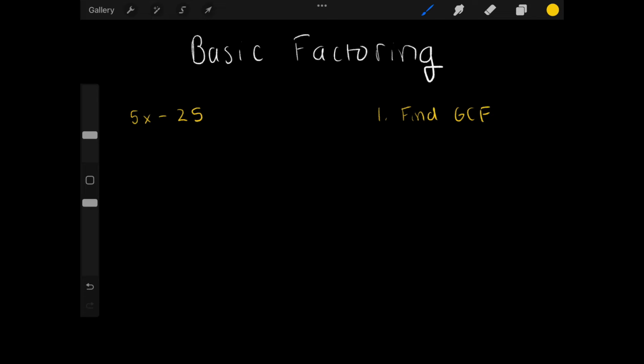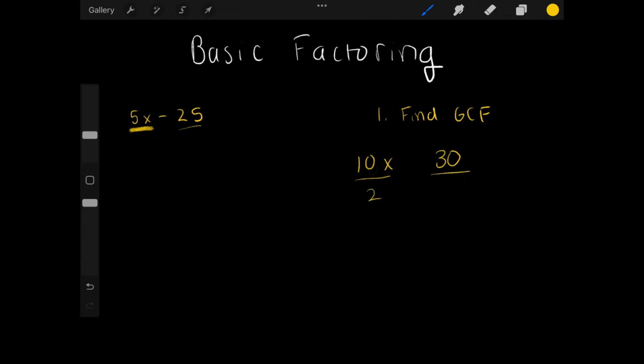Now, GCF stands for greatest common factor, and it means that it's a factor that when you divide the two terms by, in this case 5x and 25, so when you divide these two terms by that number, you're going to get an integer. So for example, if we take two terms, for example 10x and let's say 30, then a factor would be a number that when we divide them, we're going to get an integer value.